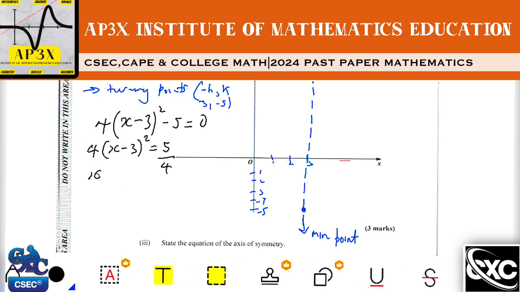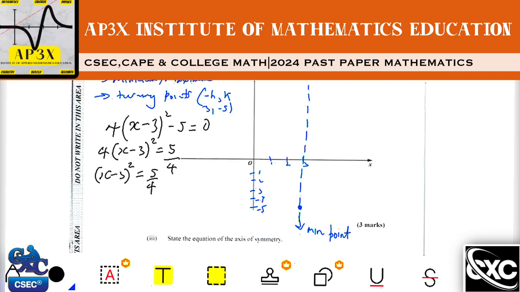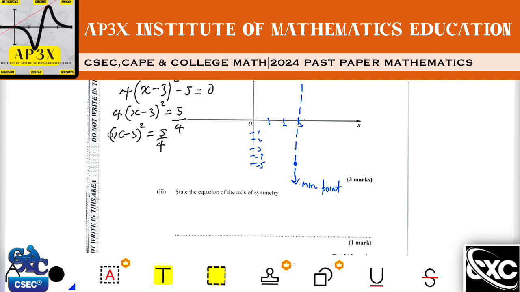So we're going to end up with x minus 3 all squared is equal to 5 over 4. All right. And then now from there, we're going to find the square root of both sides.